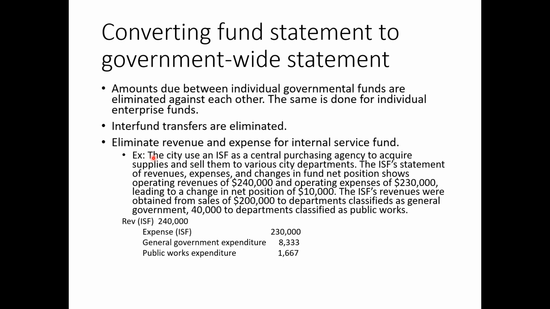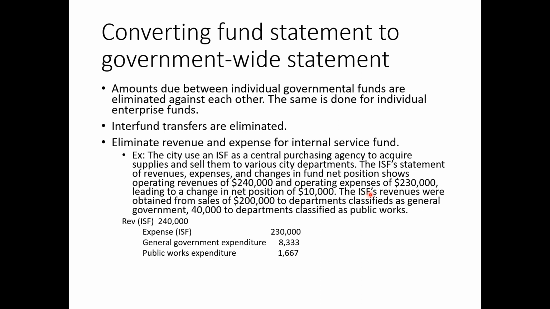Let's take a look at this one, right? The city has an internal service fund as a central purchasing agency to acquire supplies and sell them to various city departments. The fund statement of revenues, expenses, and changes in fund net position shows the following information: operating revenue, $240,000, operating expense, $230,000, and net change in net position, $10,000.